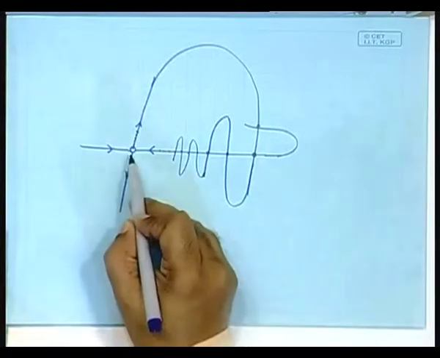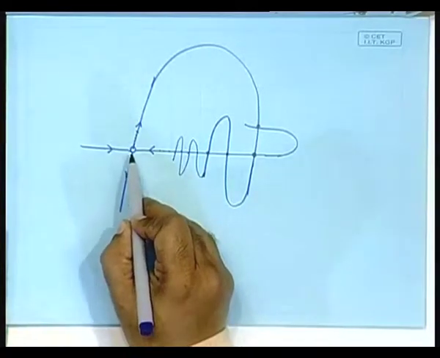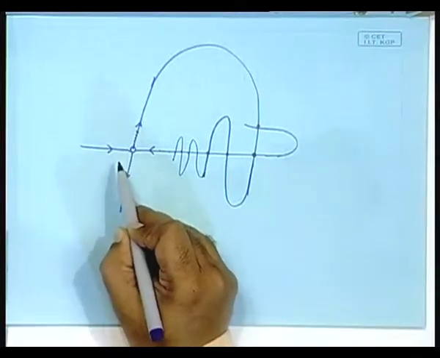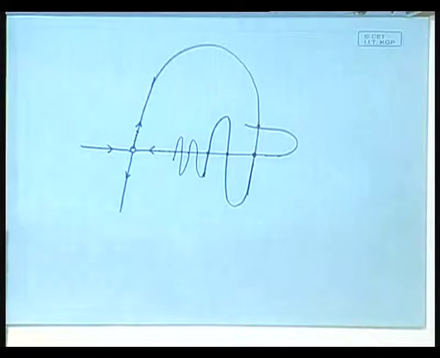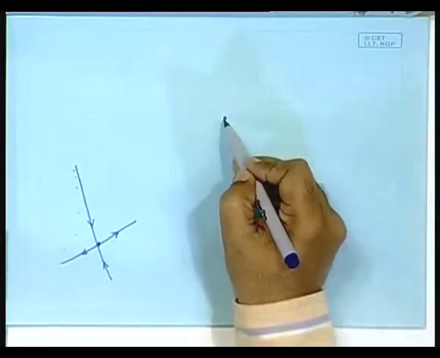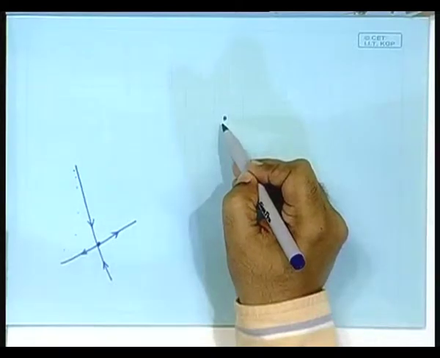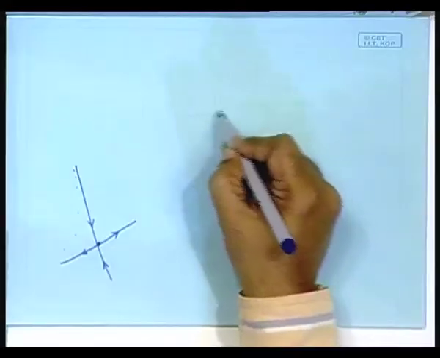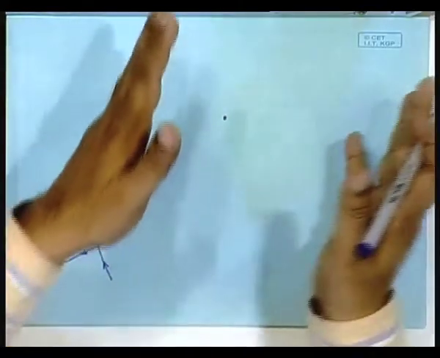Now, if this fixed point, the one which is at the center of this whole business, is this one, which means the one that was earlier stable has now become unstable, the one at the center of the thing that is ultimately going into chaos.